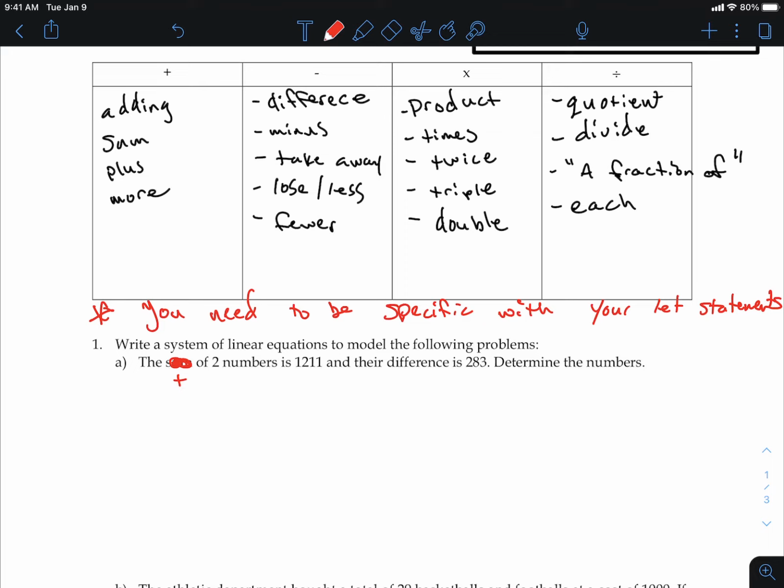The word is, to me, is equals. The word difference, subtraction, equals. By doing this, I've made it less jumbly with words, and I've started to put some math symbols in there.